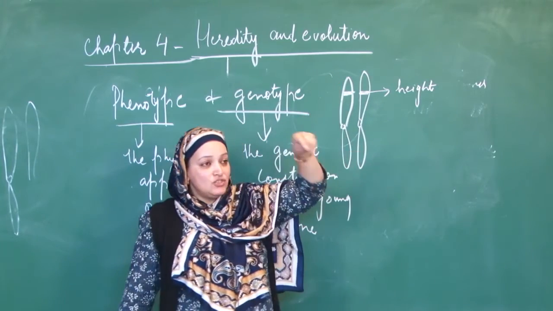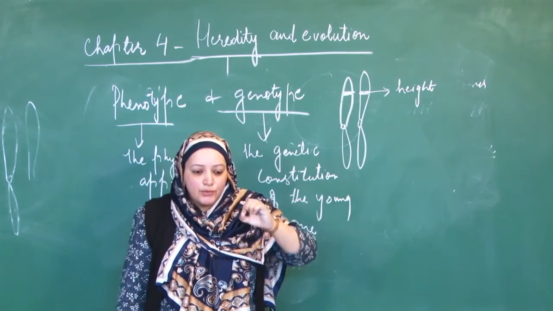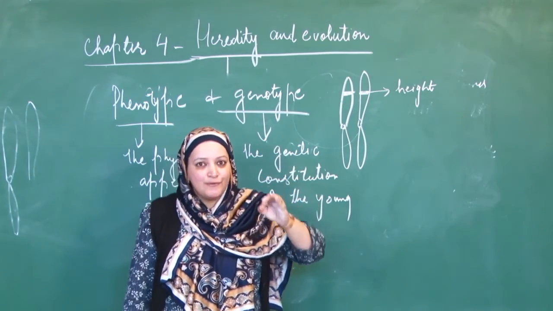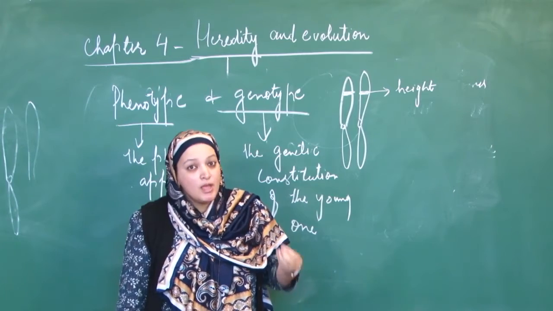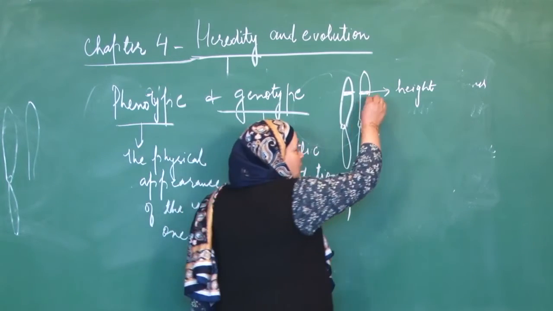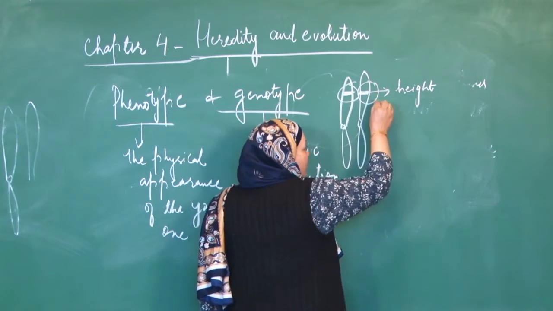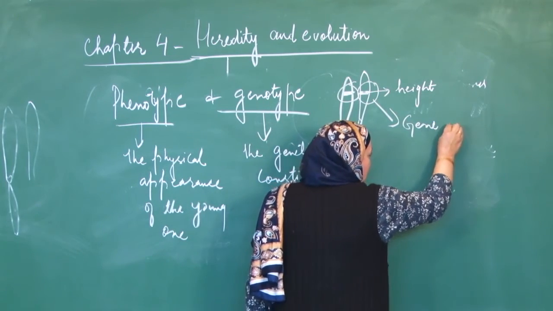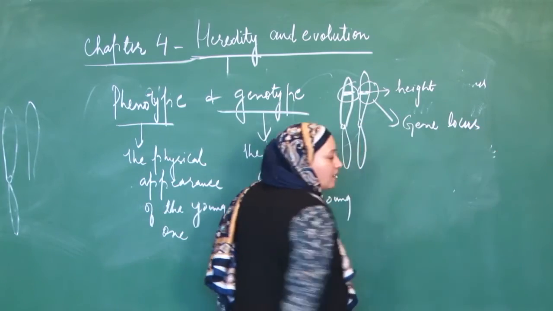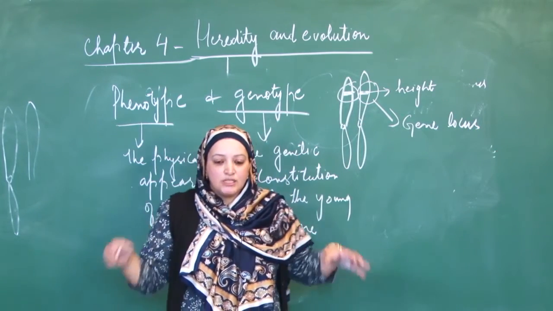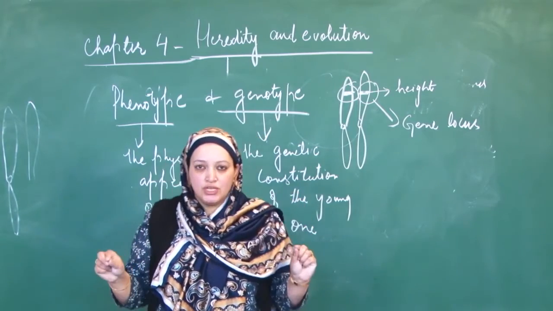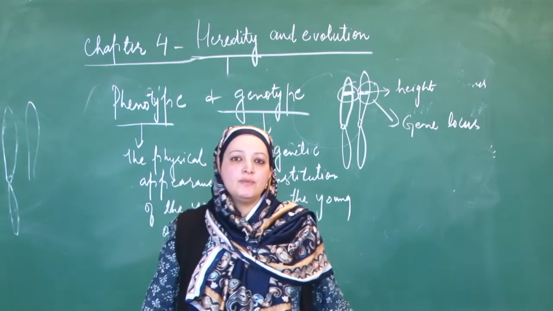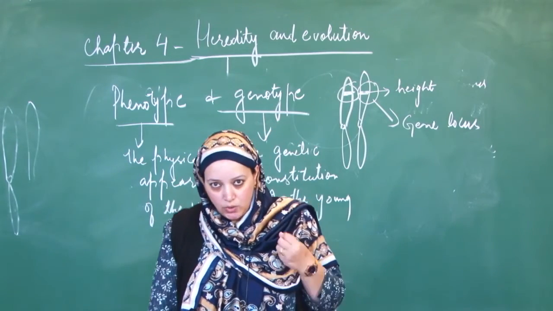But these genes have their specific position on the chromosome, their specific locus, which is called the gene locus. What is gene locus? The specific position of the two genes which represent a particular character on the chromosome is called the gene locus.